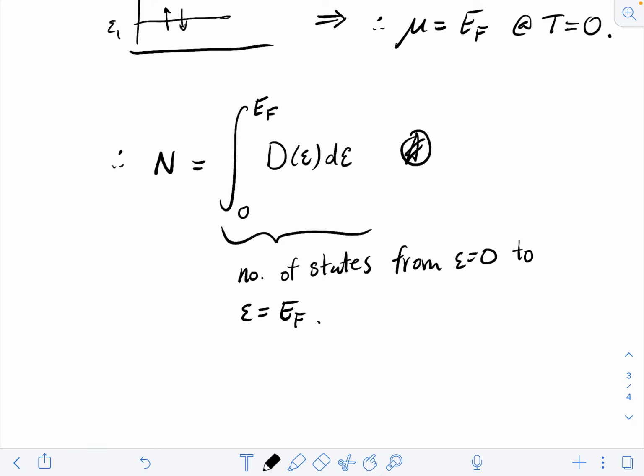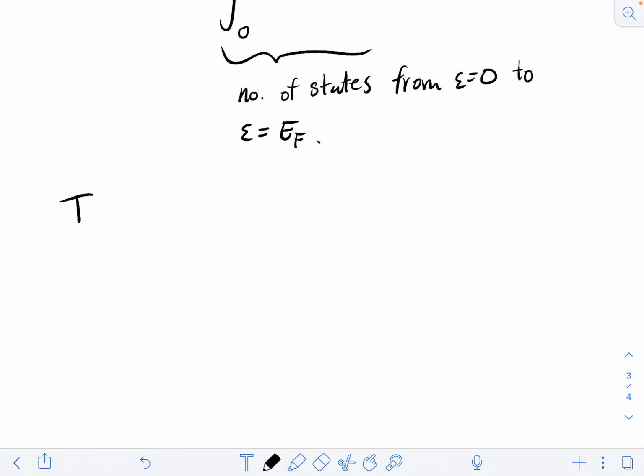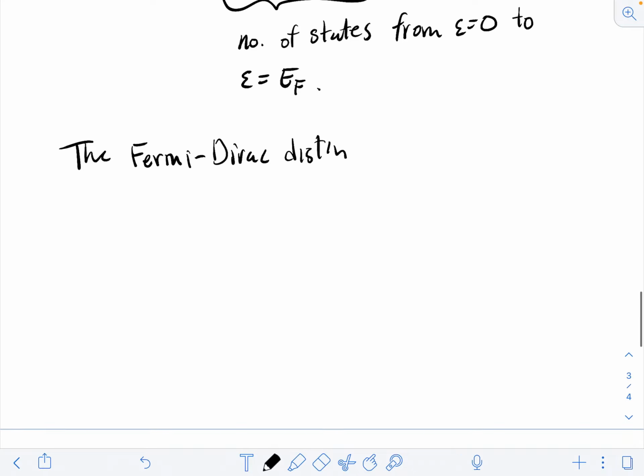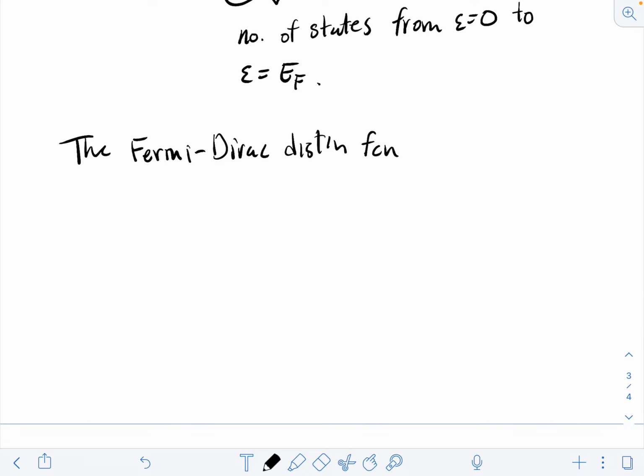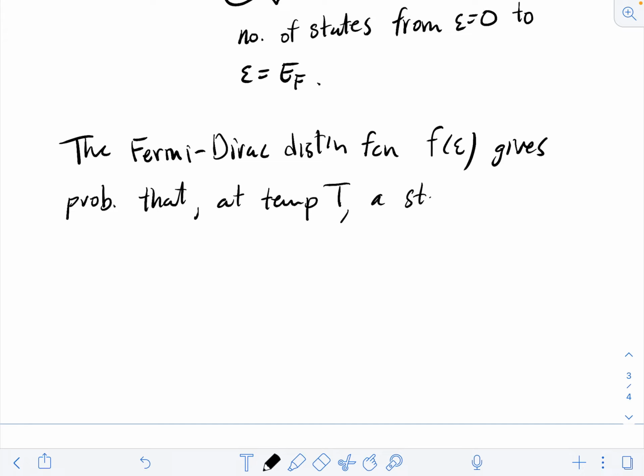Okay. So the Fermi-Dirac distribution function, which we wrote down last time, we're going to call it f of epsilon, as I said, gives the probability that at some temperature T, a state with energy epsilon is occupied.